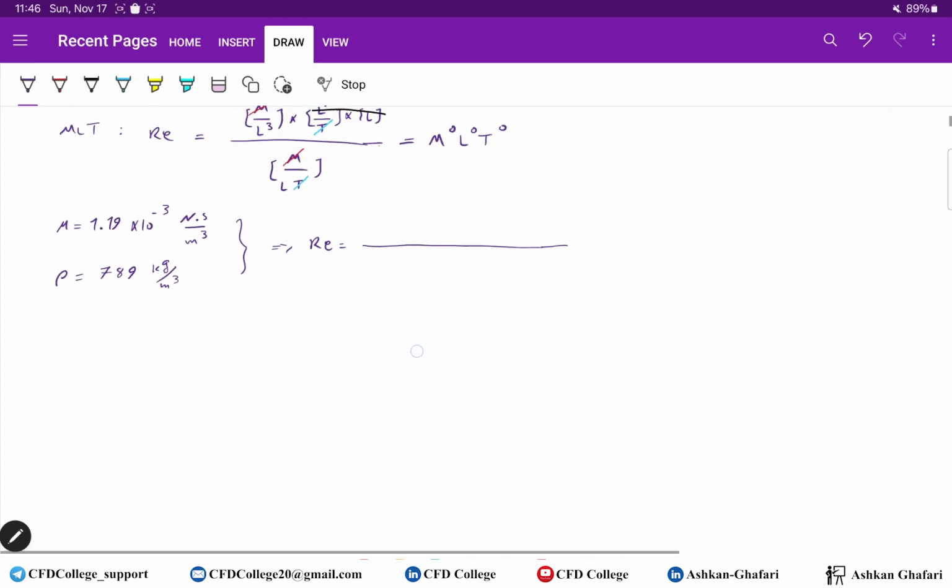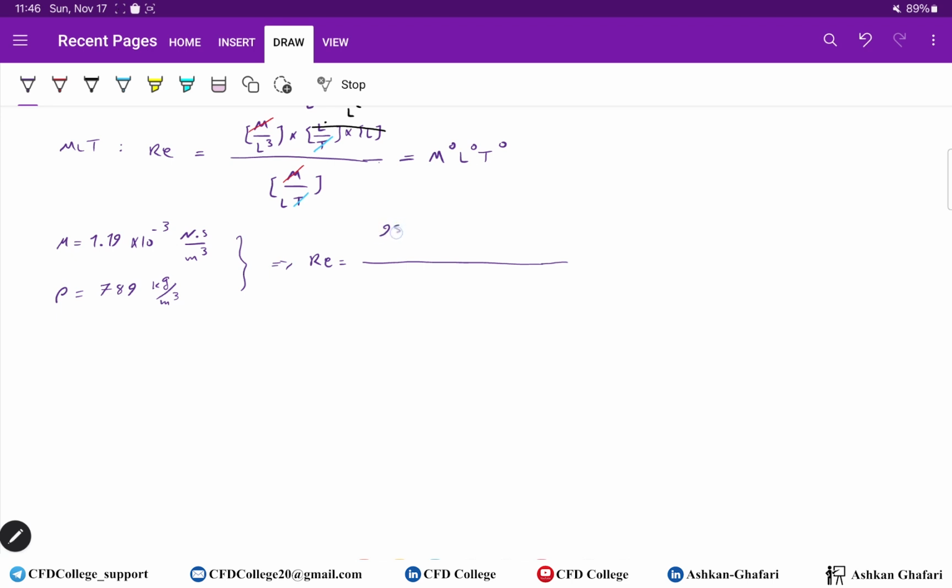Rho is 789 kilograms per cubic meter, velocity is 3 meters per second, and diameter is 2 over 12 feet, and you have to convert feet to meters: 0.3048 meters equals 1 foot.